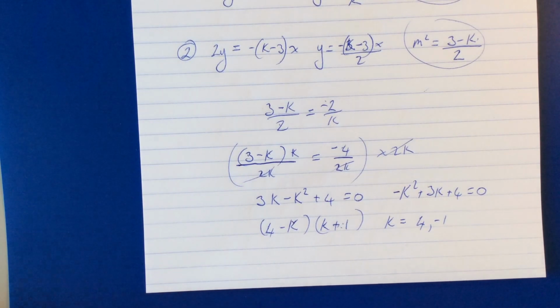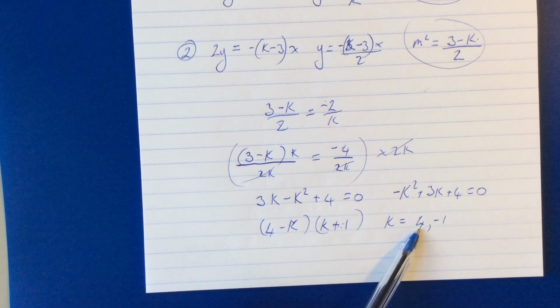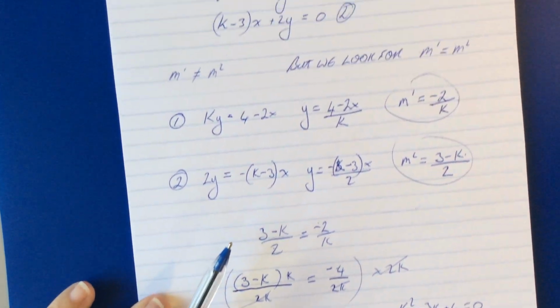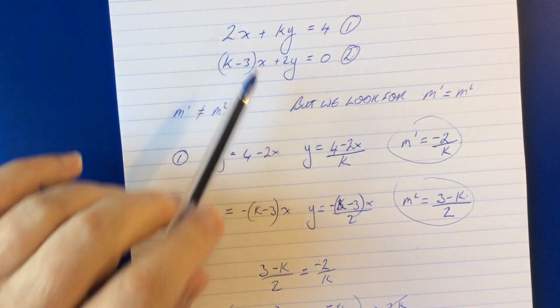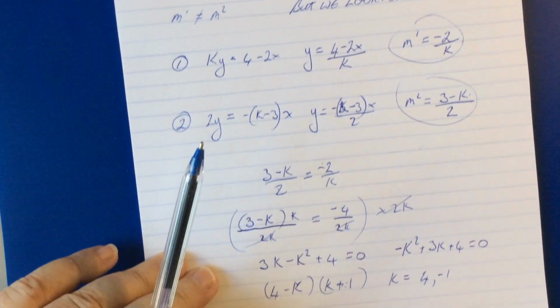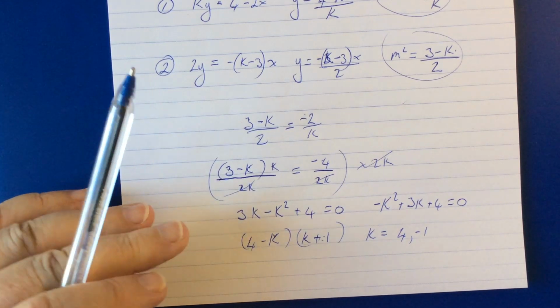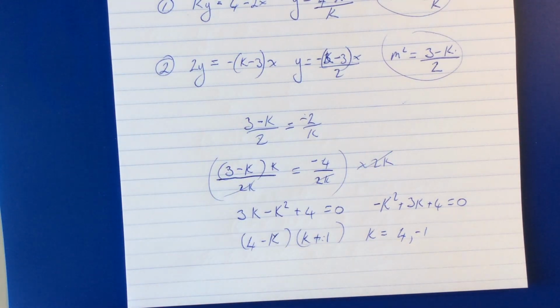Now we're not done. What we know is that if we put these numbers into our original equations, then the two lines we've got will either be parallel or one on top of the other, and we don't want that.